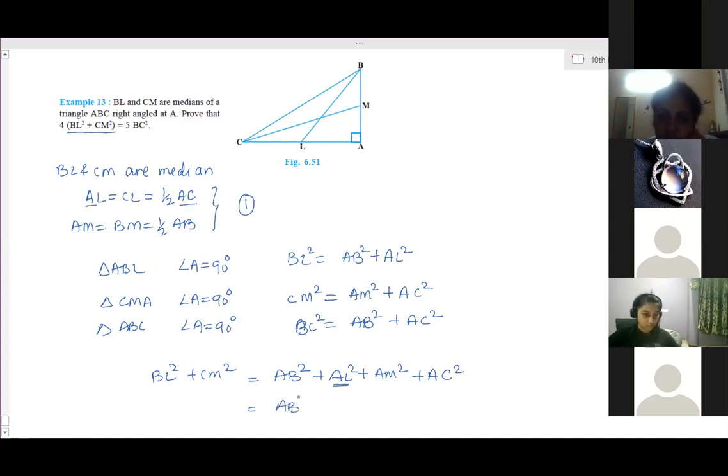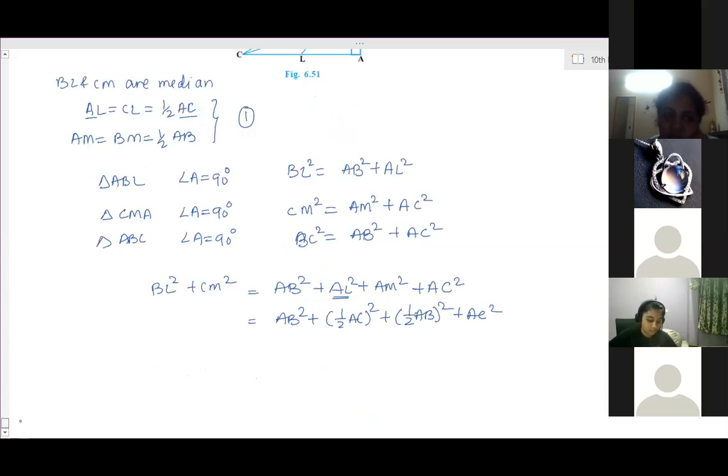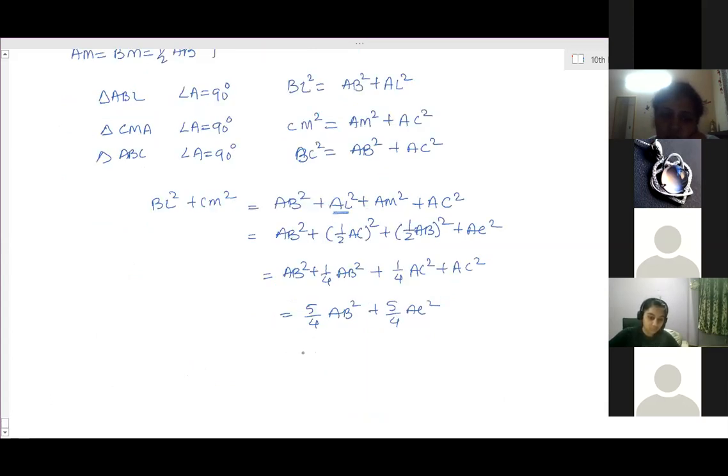So AB square plus (half of AC) whole square, and AM is (half of AB) whole square, plus AC square, right? Because we have to show them equal to BC. So AB square plus 1 by 4 AB square, then 1 by 4 AC square plus AC square. So that is equal to 5 by 4 AB square plus 5 by 4 AC square. Take 5 by 4 common.